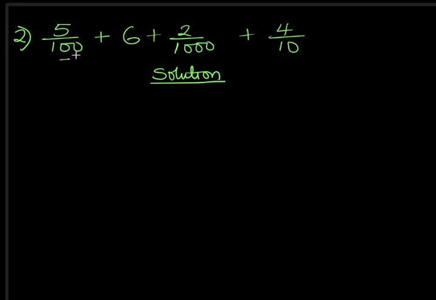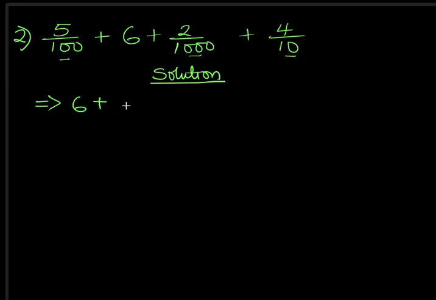This is fractional part, this is fractional part, this is fractional part. So I'm only seeing one number in the whole number part. So let's arrange. This implies 6 will come first, plus what else?